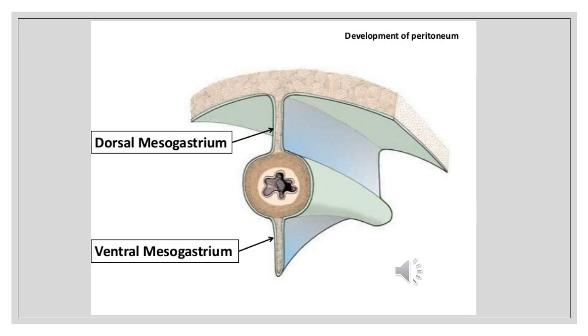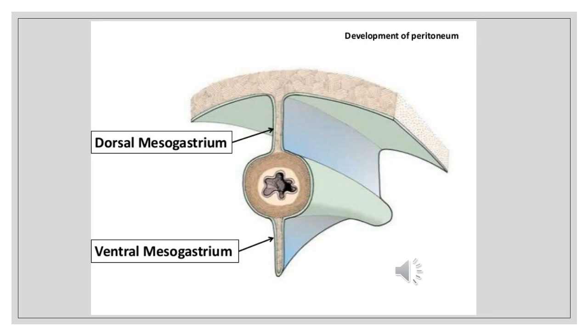The folds can be best understood by recapitulating the development of the gut. The developing gut, as you know, is divisible into three parts: foregut, midgut and hindgut. Each part has its own artery, which is a ventral branch of the abdominal aorta. The celiac artery supplies the foregut.